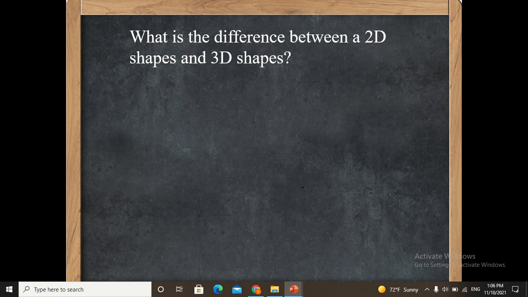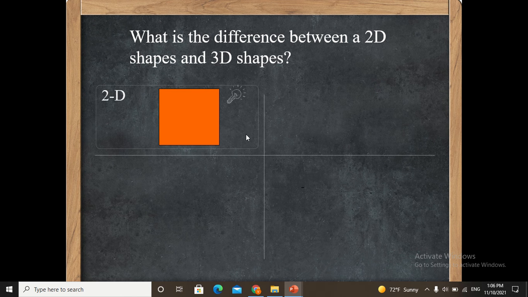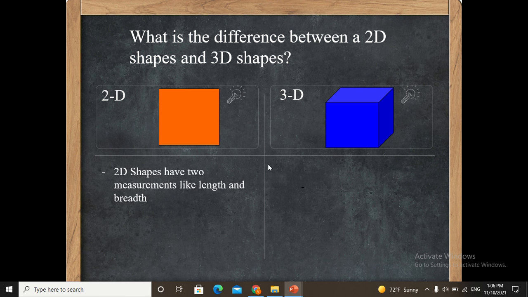What is the difference between 2D shapes and 3D shapes? 2D shapes have two measurements, like length and breadth.